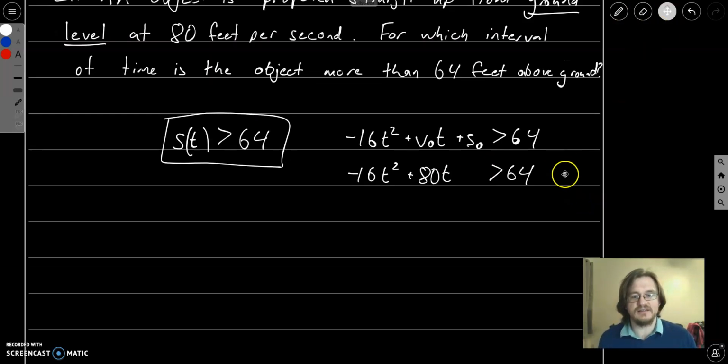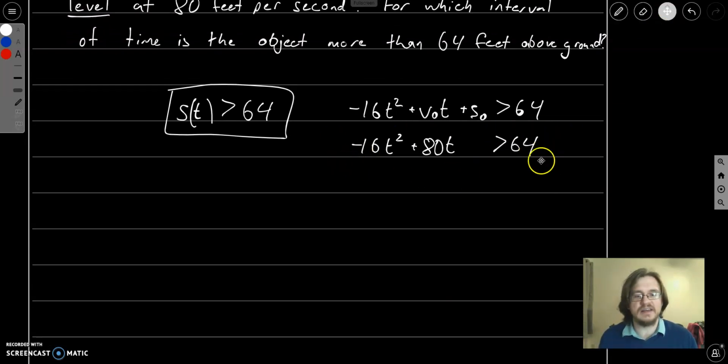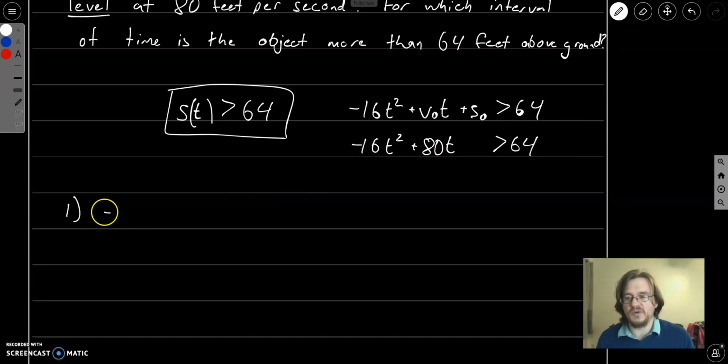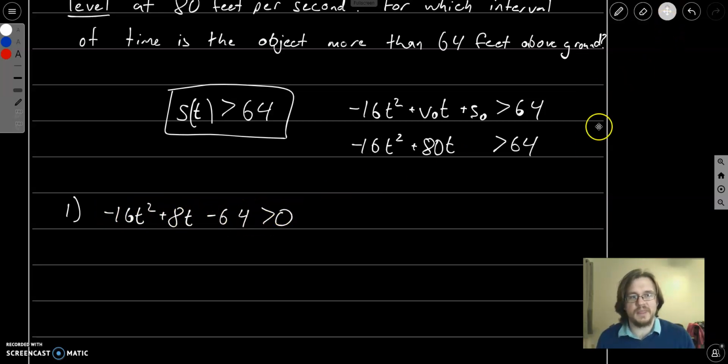And to be completely honest, this is exactly the kind of thing that we've been looking at before. So to start with, we write our polynomial on one side so that this is just going to be greater than 0.